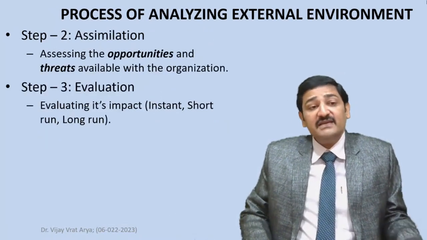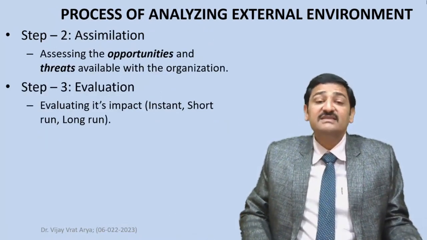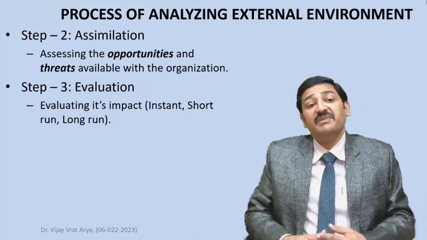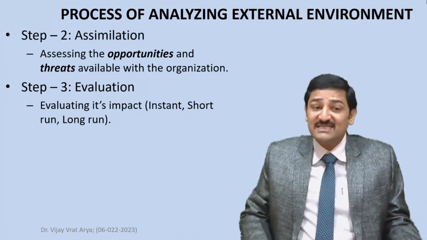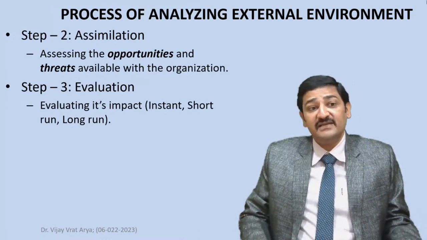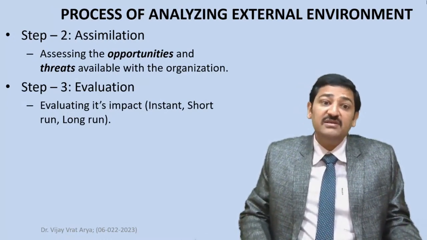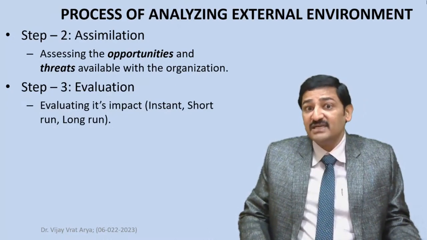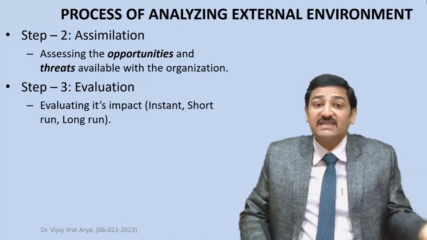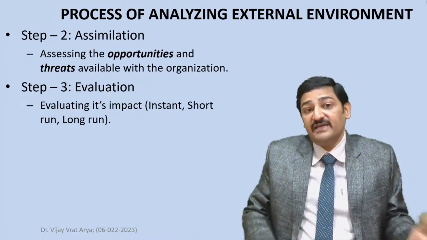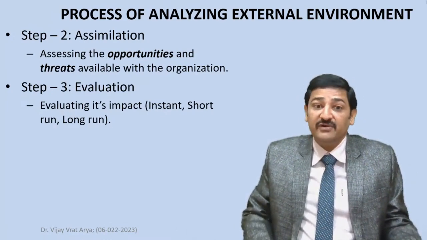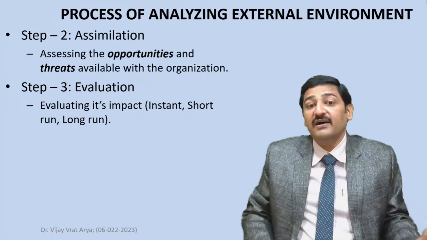Now, the second step in the analysis of the external environment is assimilation, which is an assessment of the opportunities and threats available to the organization in terms of the external factors. So the opportunities and threats with respect to the industry are analyzed.